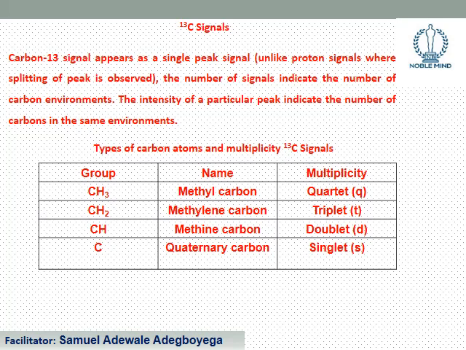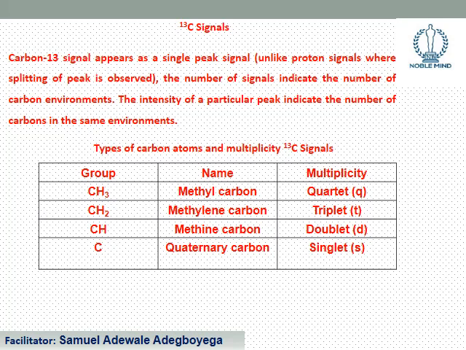In proton NMR, the peaks you have from a particular signal are due to coupling. In carbon-13 you observe only one signal, and that is due to what is called decoupling. For proton we talk about coupling; in carbon-13 we talk about decoupling.